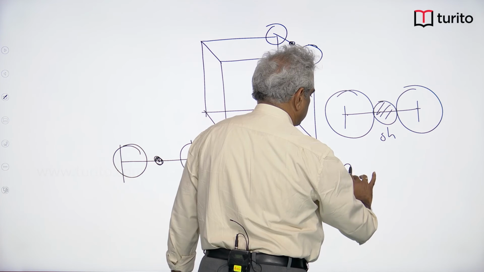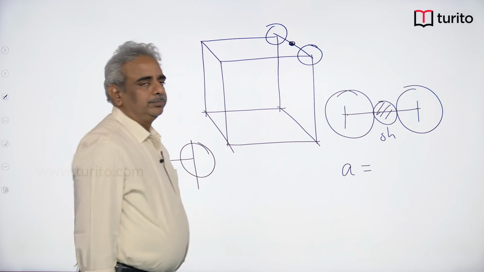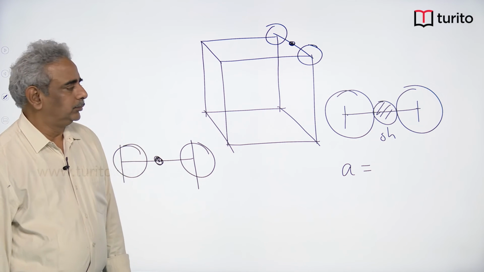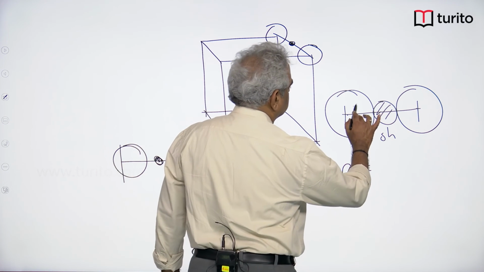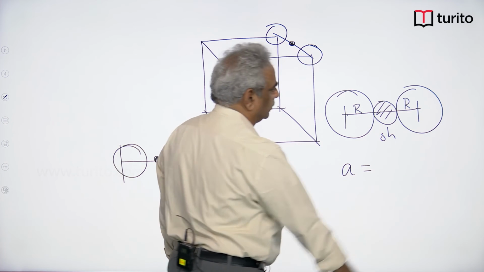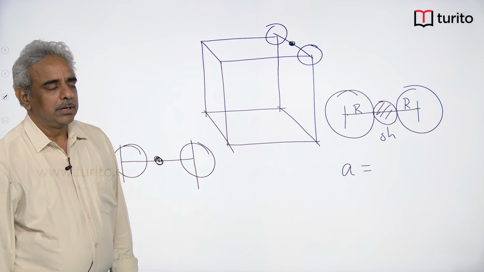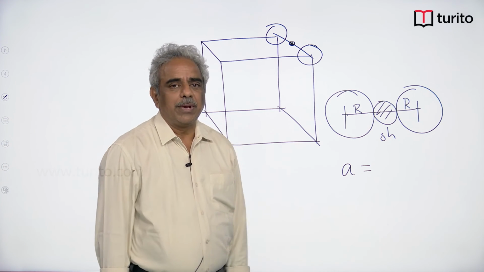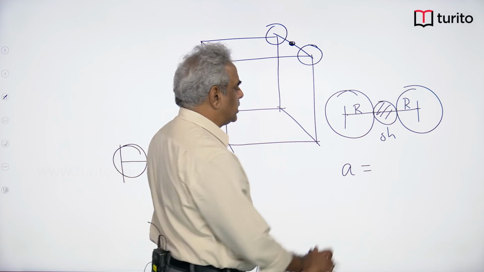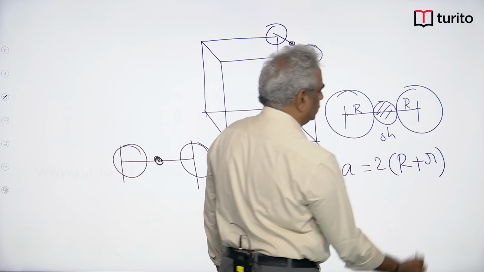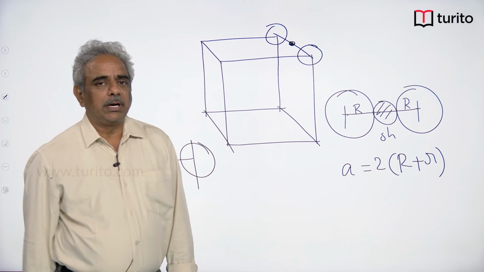This is a. This a is divided into how many radii? This is one capital R, 2 the radii of the big spheres, and this is a diameter which makes 2r. So a is equal to 2 into capital R plus small r. This is satisfied in FCC.